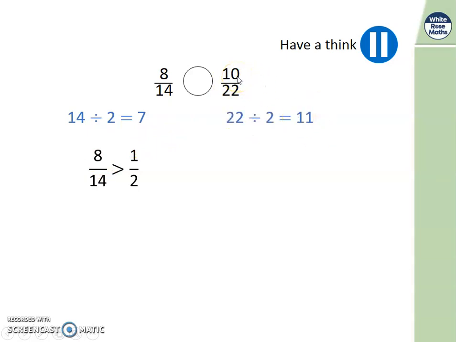Well, this is less than half. If 11 is half, then 10 is less than half. Therefore, this side, 8/14, is greater than this side, because this side is more than a half, and this side is less than a half.